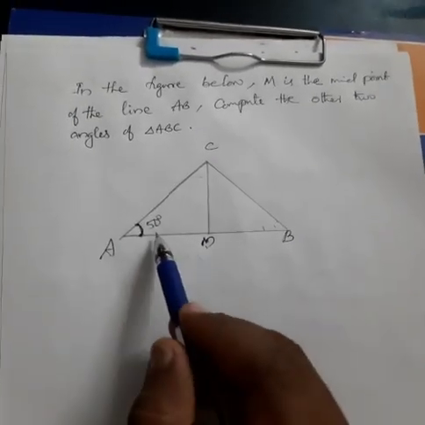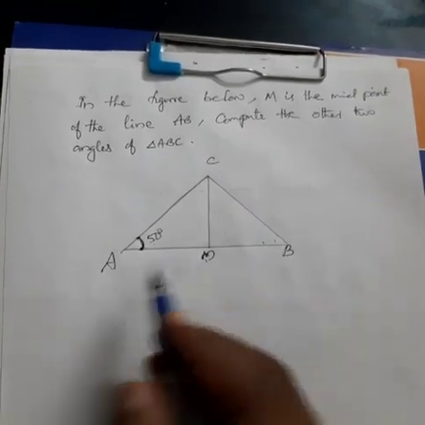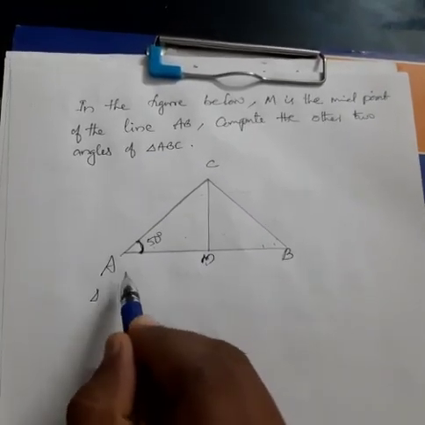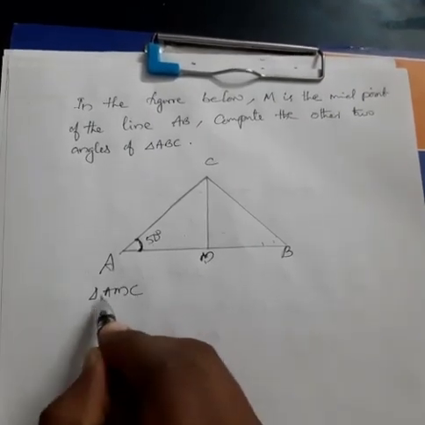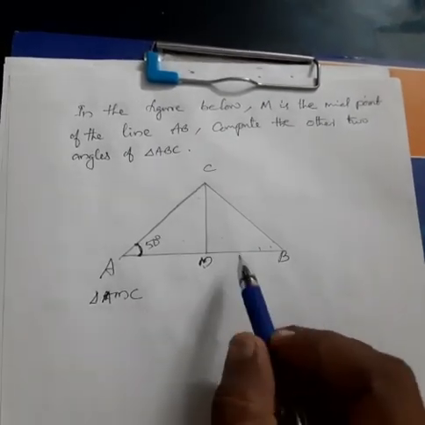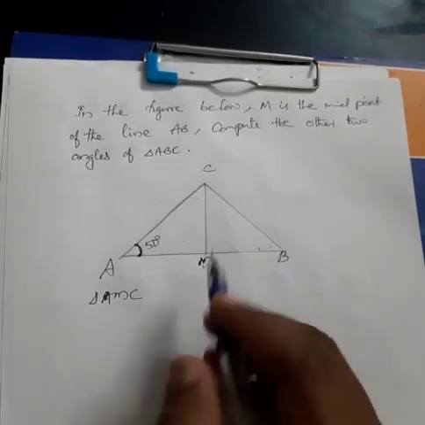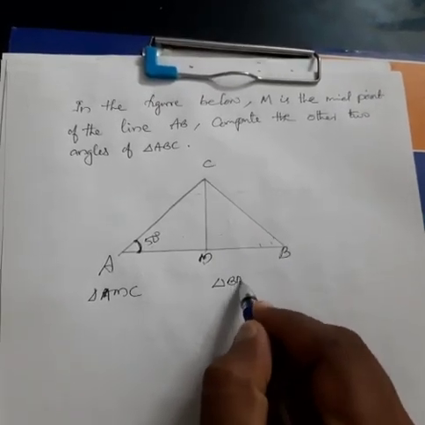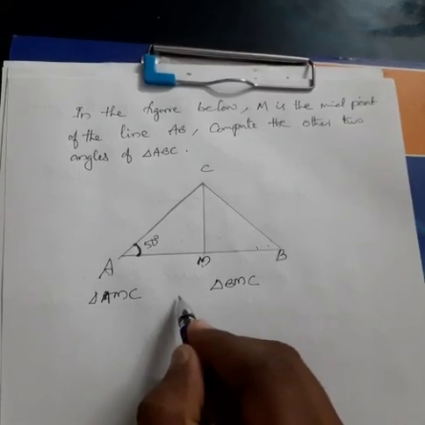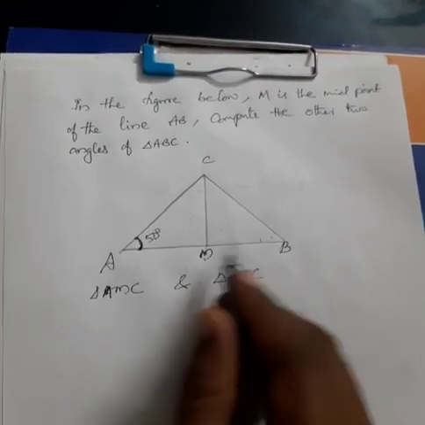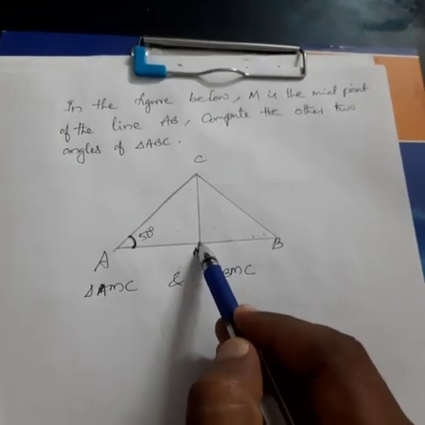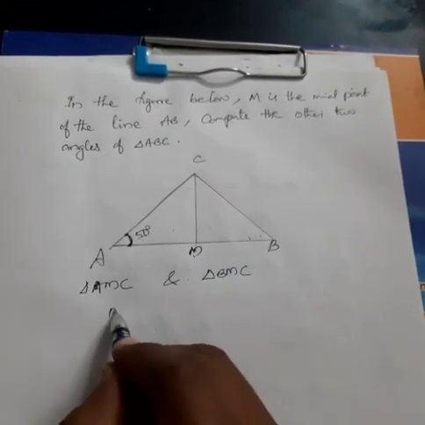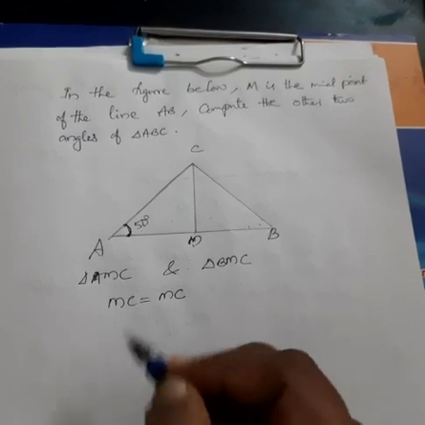Here you can see two triangles. One is triangle AMC. And one more triangle is here, BMC. Two triangles we got. Here MC is the common side for both the triangles. MC is equal to MC.